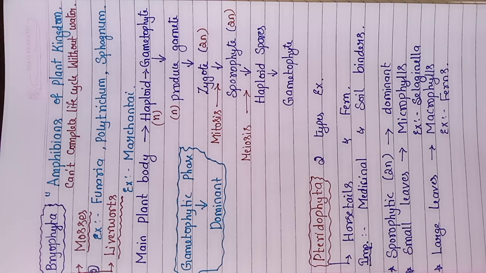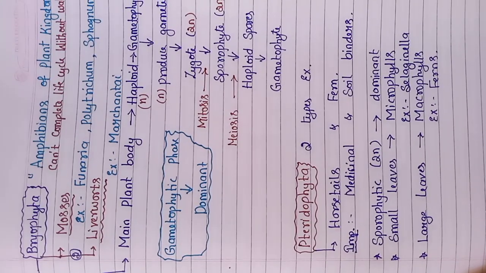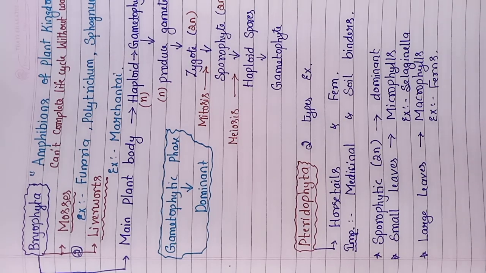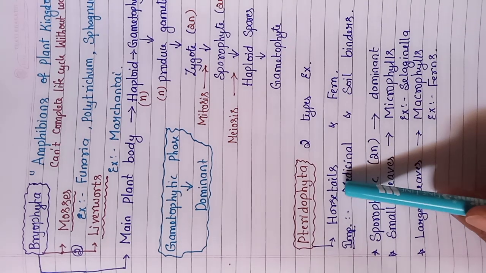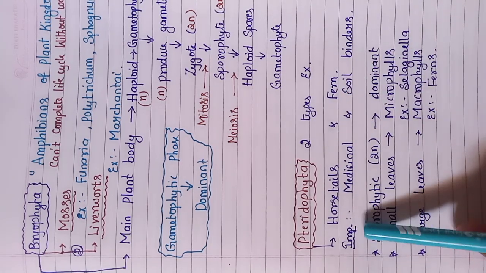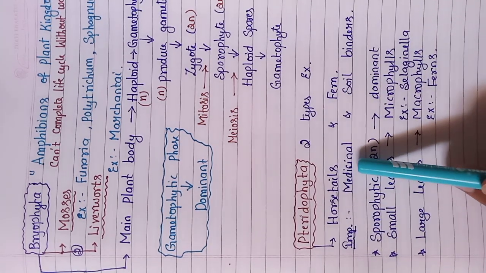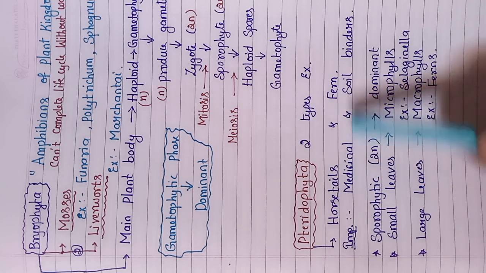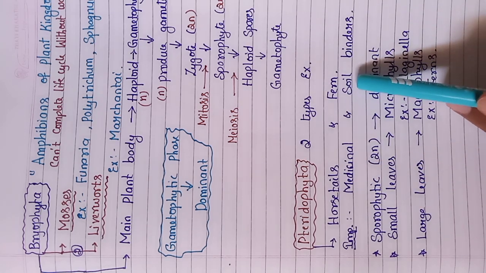Next come the pteridophytes. Here, as we already learned, the plant body is differentiated into different parts, and in addition we can find vascular tissues in pteridophyta. Examples: horsetails and ferns. This group is very important in medicinal use, and they are soil binders that help prevent soil erosion.